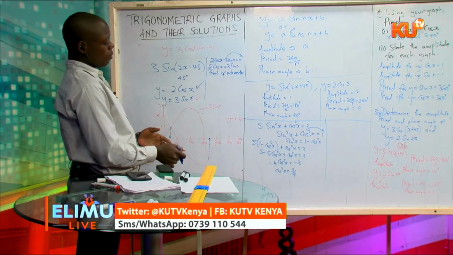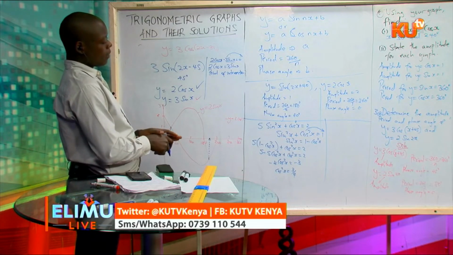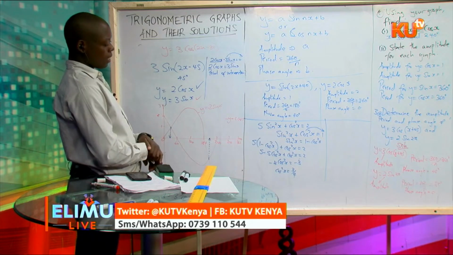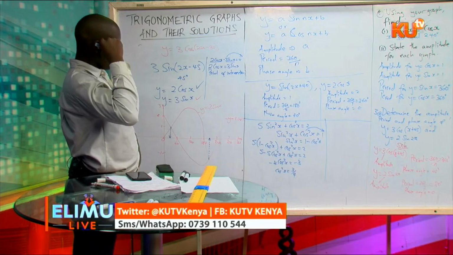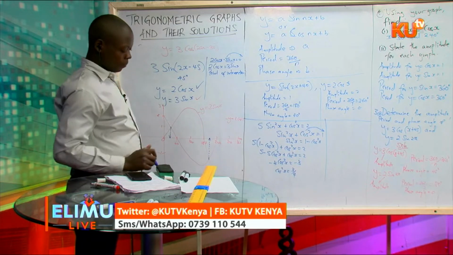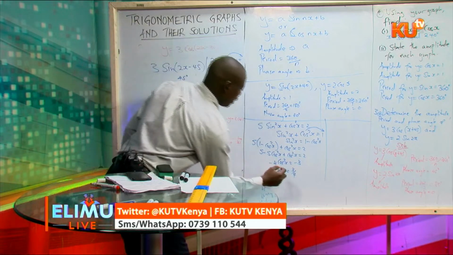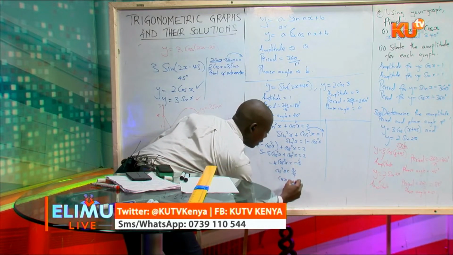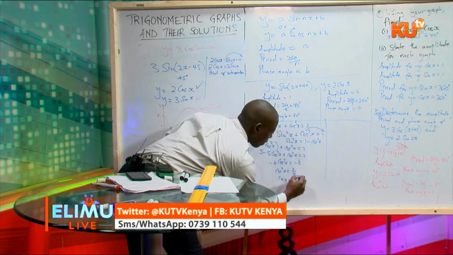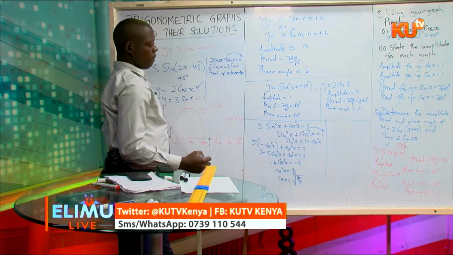So what you need to do is simply first of all get the root. Sorry, this is cos squared. To get cos x, first get the square root of 3 over 4.